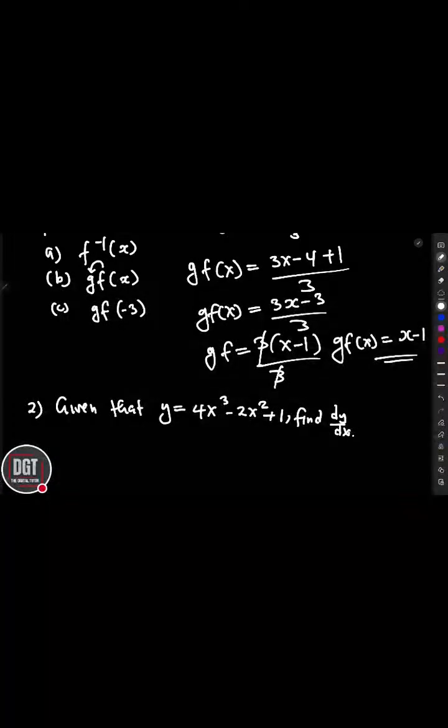Then the last one, they want gf of negative 3. So where there's x, we put negative 3. gf(-3) equals -3 minus 1, which equals -4. So this is the final answer. That is how we answer this question.